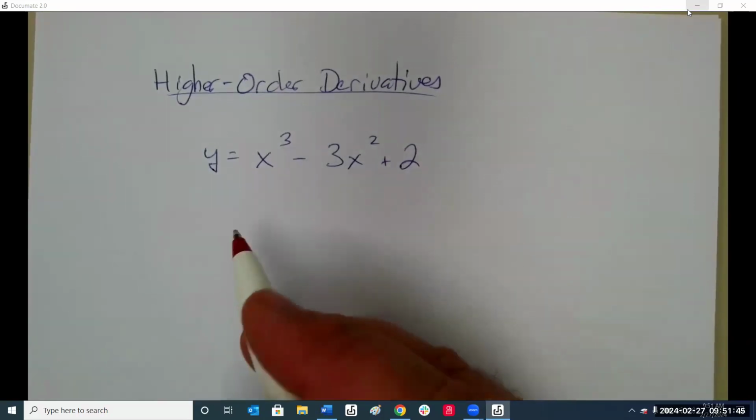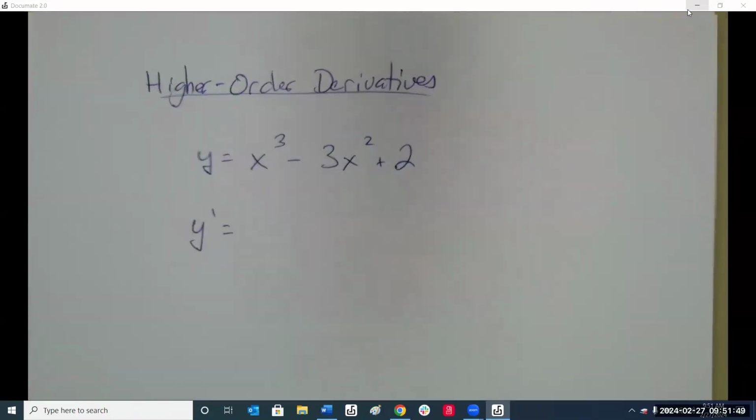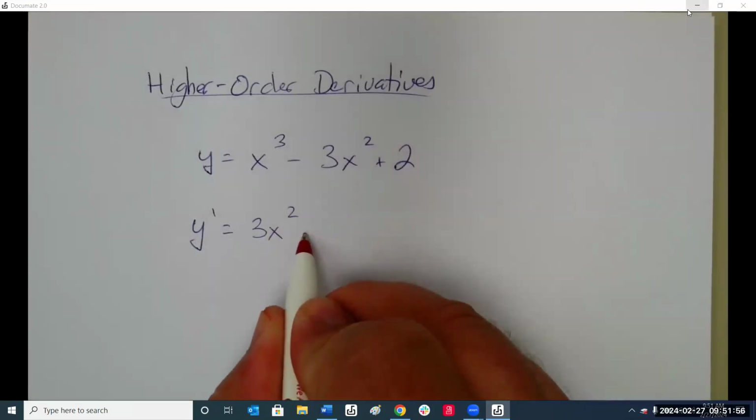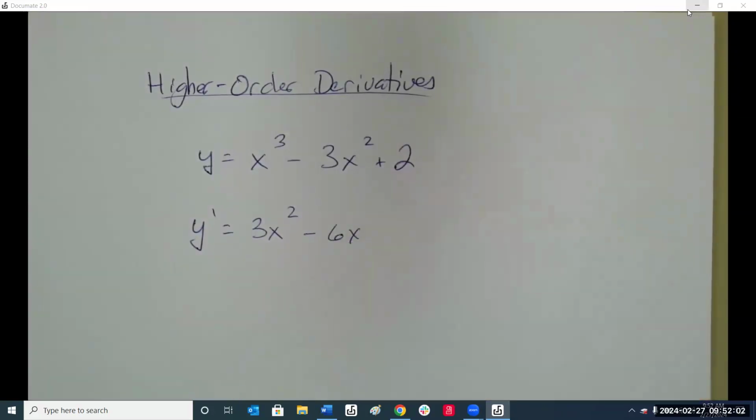So the first derivative would give us what? 3x squared minus what? 6x and 0.